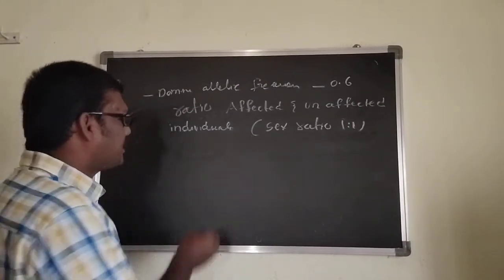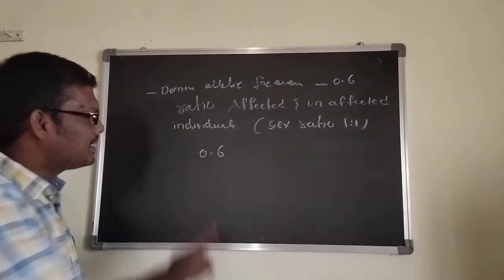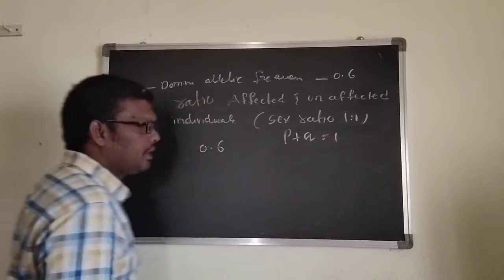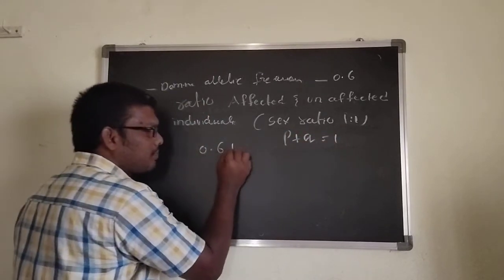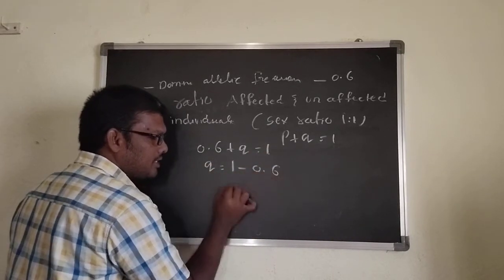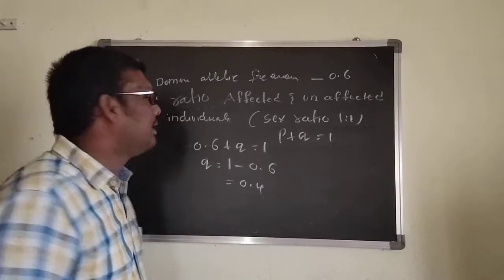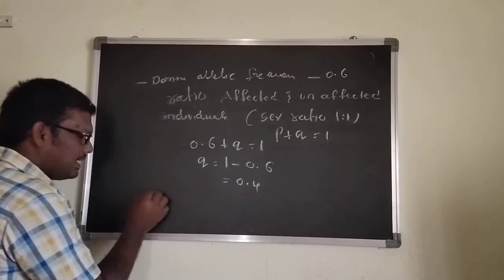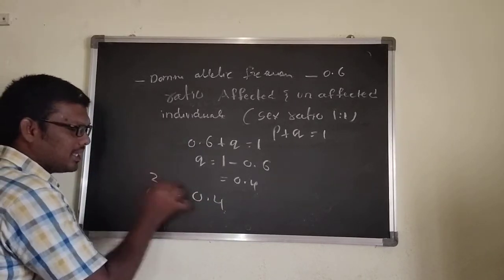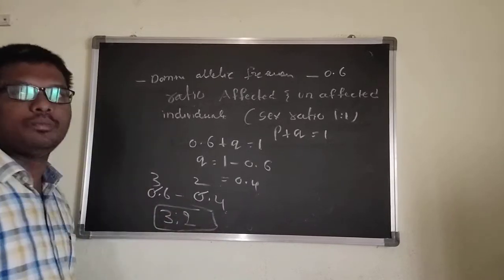Here the frequency they give is 0.6, it means p. p plus q equals 1, p already they gave 0.6, so q equals 1 minus 0.6, you get 0.4. Recessive means unaffected. That's why the ratio of the affected with the unaffected, 0.6 to 0.4, is 3:2.